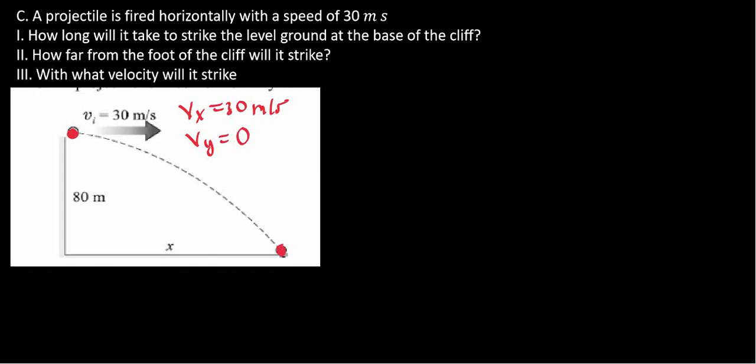Now the first question says how long will it take for this ball to reach down here, meaning that this is the time they are looking for. So you have to use displacement. Displacement equals initial velocity times t minus 1/2 a t squared, plus initial displacement. So what is the final displacement?